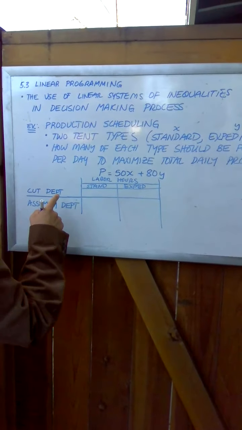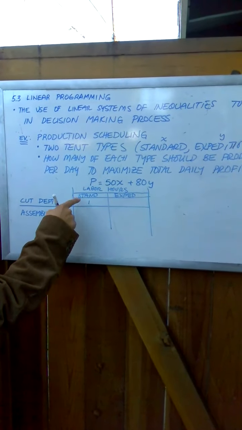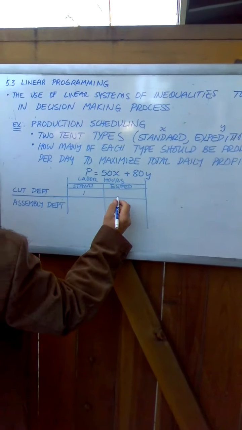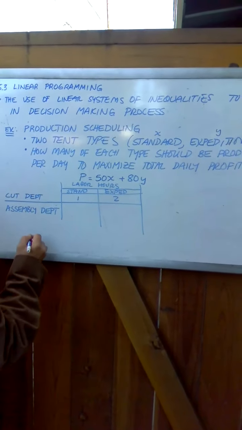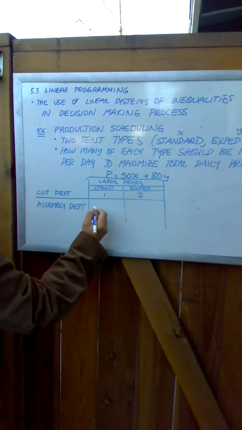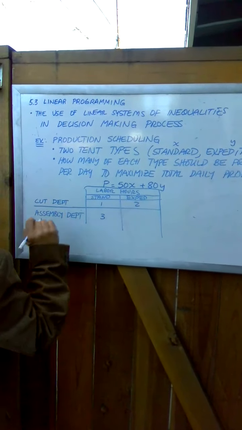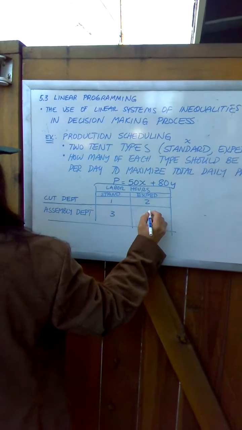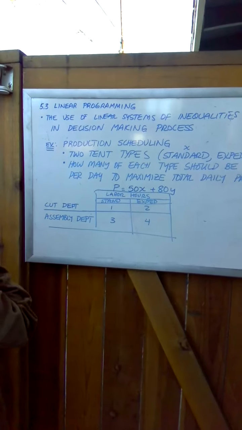The cutting department requires 1 hour to cut up all the materials for the standard tent. The expedition tent requires 2 hours to cut up all the materials. The assembly department requires 3 hours to put together the standard tent, and over here it requires 4 hours to assemble the expedition tent. Okay?